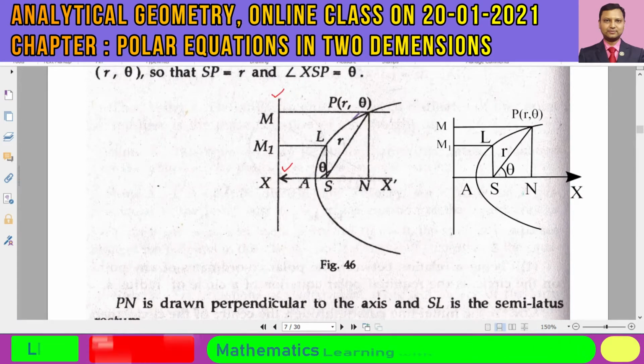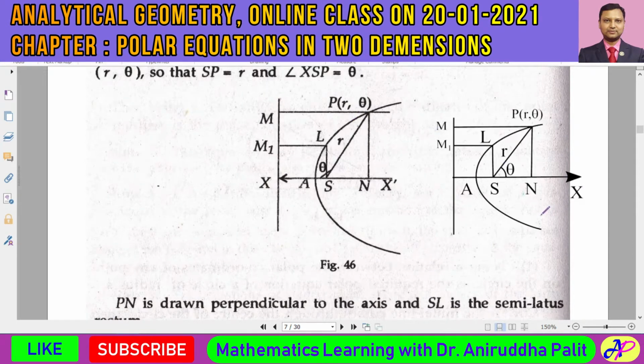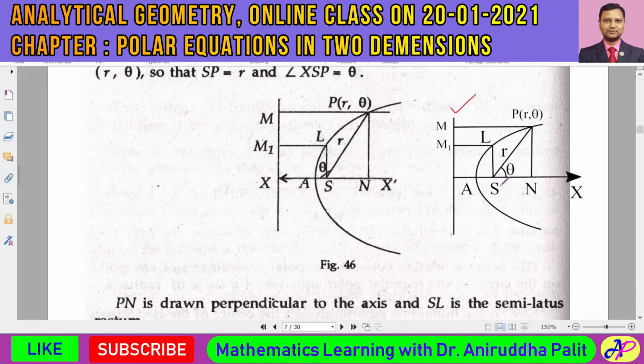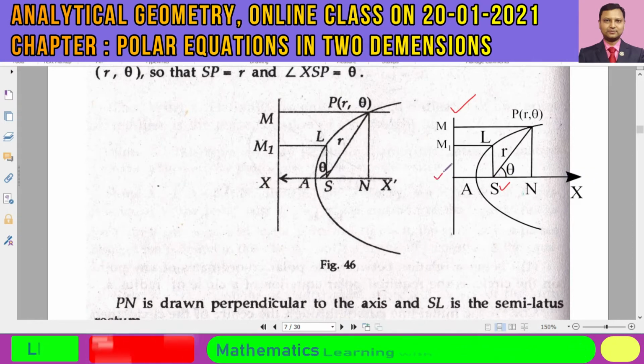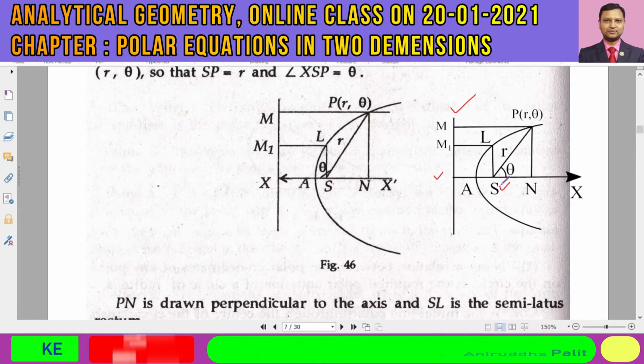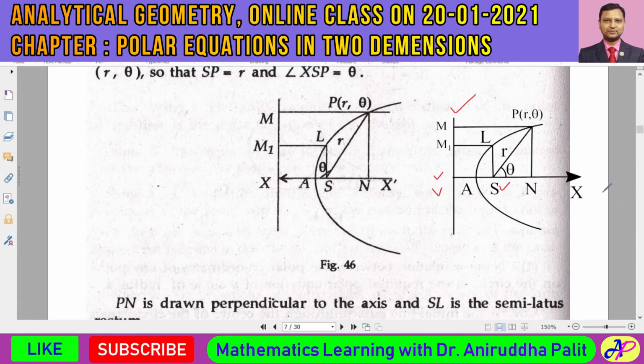But in this picture, the same kind of picture, this is the directrix and this is the focus S, and from this focus the initial axis has been drawn just opposite to the direction of the directrix. With respect to S, over here the directrix and initial axis are in opposite directions.